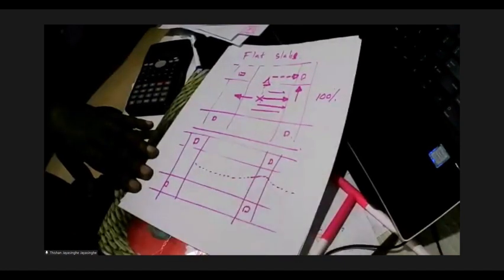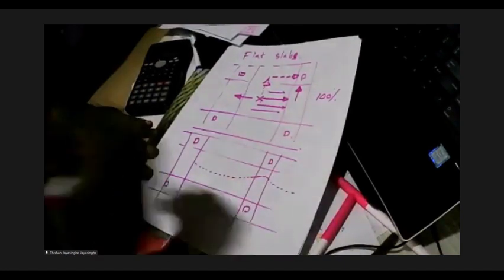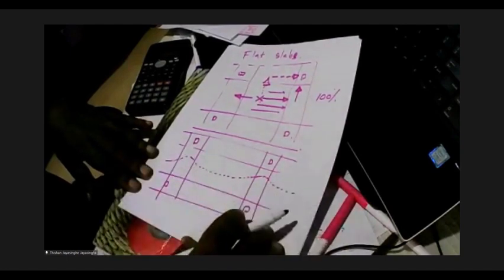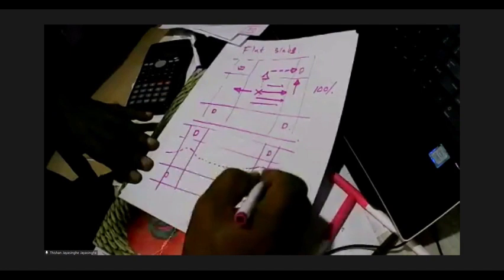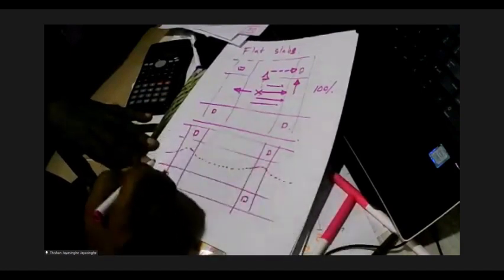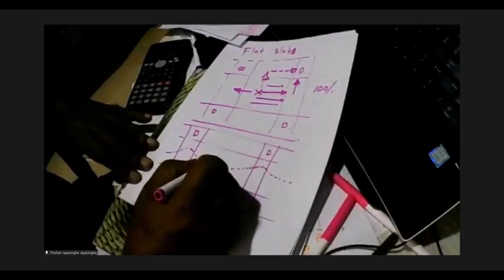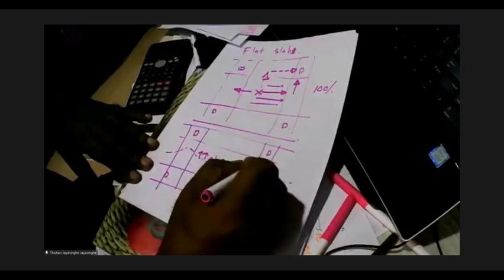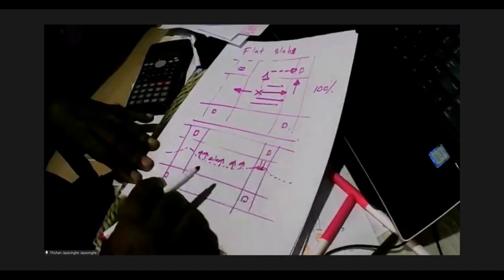This is not a plan view, this is just to make it clear to you, otherwise it's a wrong diagram. I can't draw like this on a plan view. So on the elevation, it goes like this. So it is pushing this up, pulling it down.